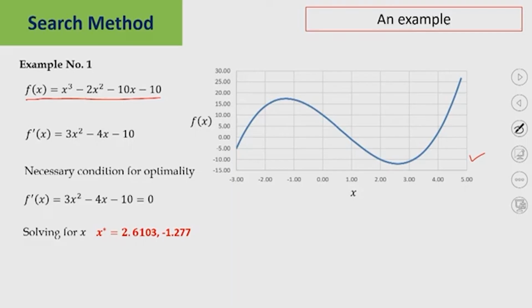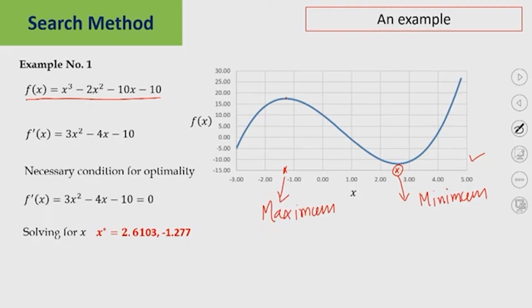One solution is somewhere here, and another is somewhere here. By looking at the curve itself, you can tell that this is the minimum of this function and this is the maximum.